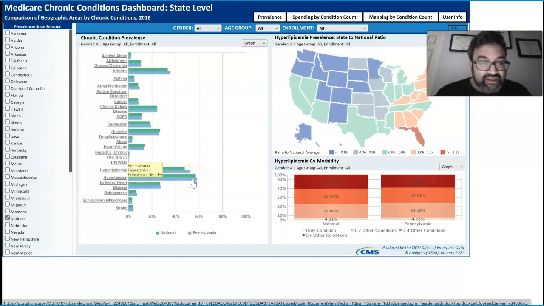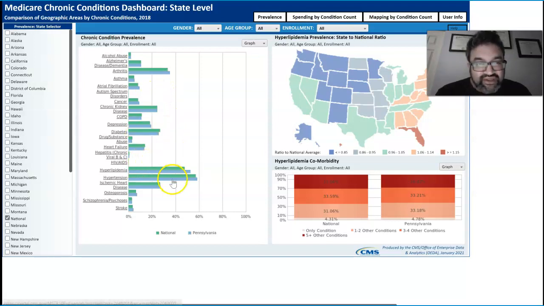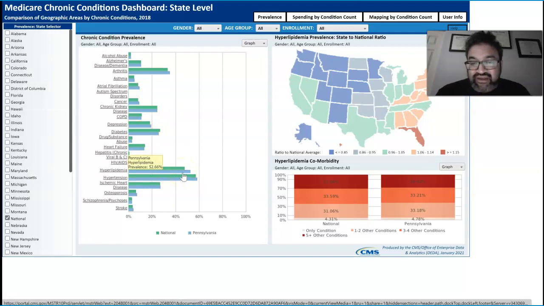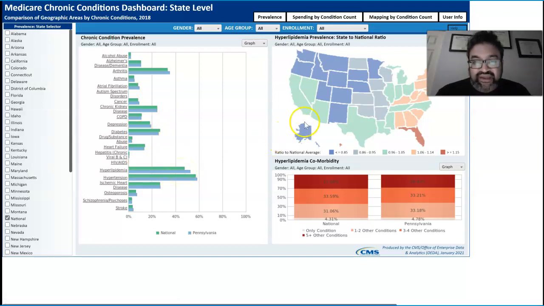Hypertension occurs more highly in Pennsylvania than other areas, and ischemic heart disease slightly higher. So these are the areas to be focusing on. Hyperlipidemia definitely, and looking at hyperlipidemia prevalence, Pennsylvania flags as an orange state, so higher than the national average.